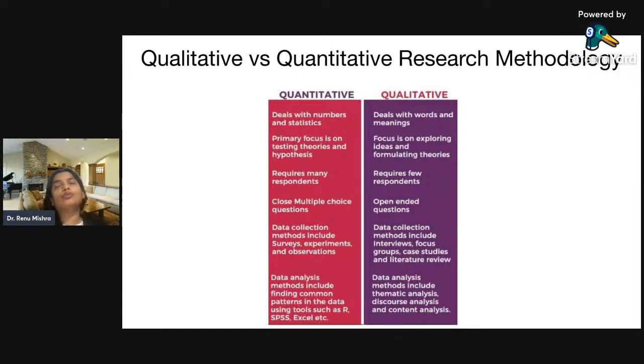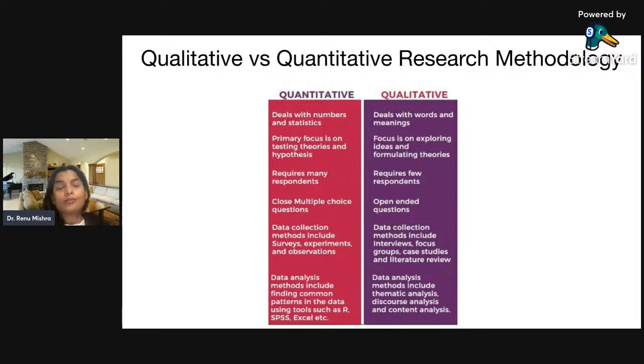Let's say I want to understand how the higher education teaching fraternity understands or takes AI as a challenge to higher education. Students are using ChatGPT and it is replacing even the human faculties, and I want to understand that.